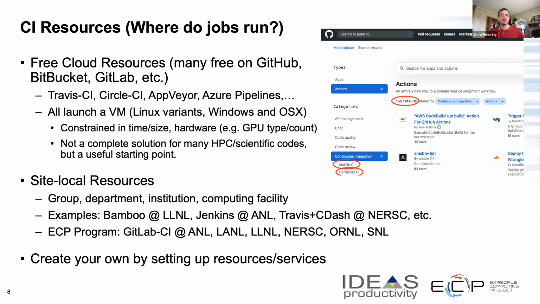So maybe you're using Jenkins or GitLab CI, and so these are resources that you provide to yourself in essence. A lot of these other ones can be built into GitHub. We saw the Travis example where it was literally reporting back into a GitHub pull request, for example.